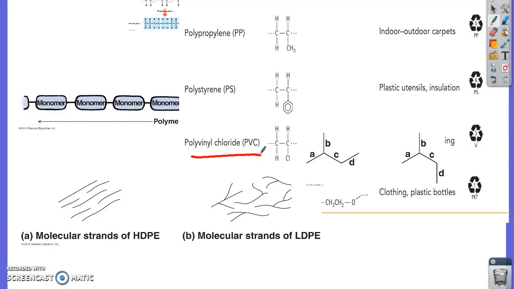Polyvinyl chloride, PVC, we generally think of as pipes. That is a very hard, rigid material, but there are chemicals that they can add to it called plasticizers. Plasticize means to make plastic, or make it bendable. And so PVC can also be used for things like shower curtains.